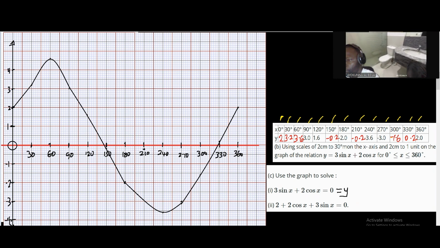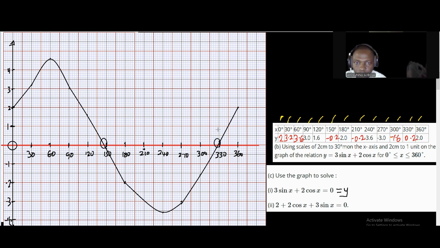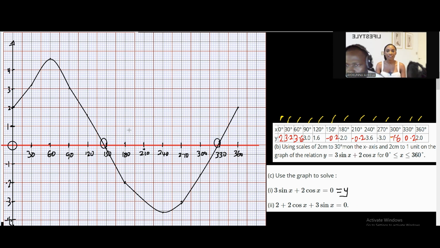If y equals 0, those are the 2 points where the graph cuts the x-axis, the 2 spots, okay? Yes, sir. Here is at this spot and at this spot. The second one is close to 300. The first one is close to 150. So for that first one that's close to 150, we can pick 147.